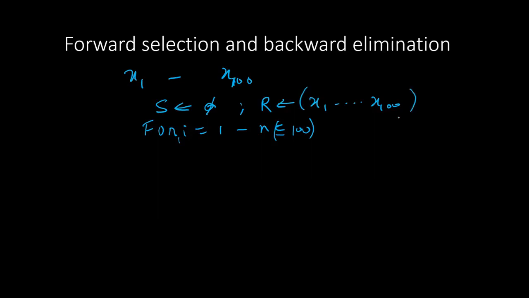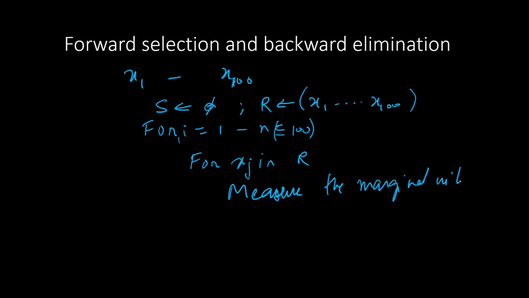So what we are going to say is that for xj in R, in the reserve subset, measure the marginal utility of xj being included in the machine learning model.